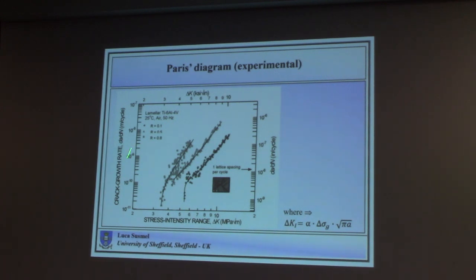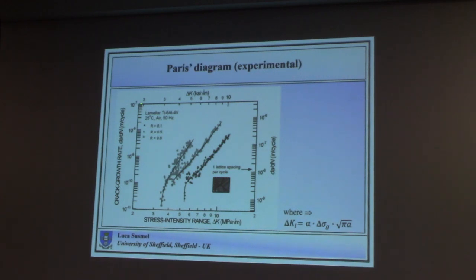Here again, you should know all the definitions, because stress intensity range delta K is defined this way. This is the usual formula we use for fracture mechanics, and this is the crack growth rate, dA over dN, which is the slope of the crack growth curve.